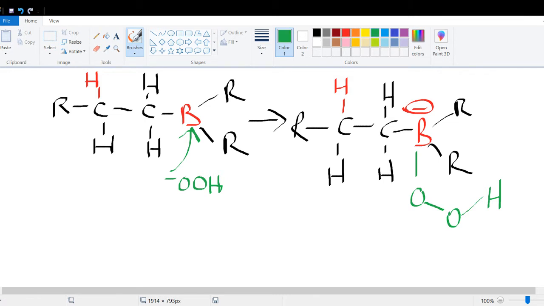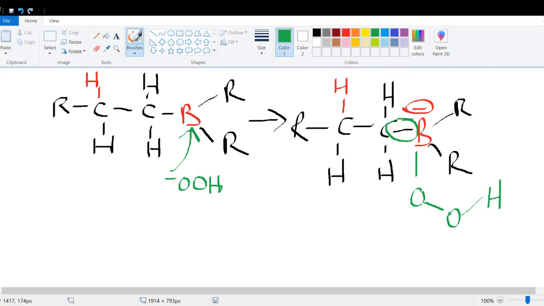The electrons in that carbon-boron bond, it's not a super strong bond. It wants to break because that boron's real funky. If you can just think of boron as being weird and fluorine as being weird, you've gotten like 10% of the class down. So the electrons in that bond are going to break.